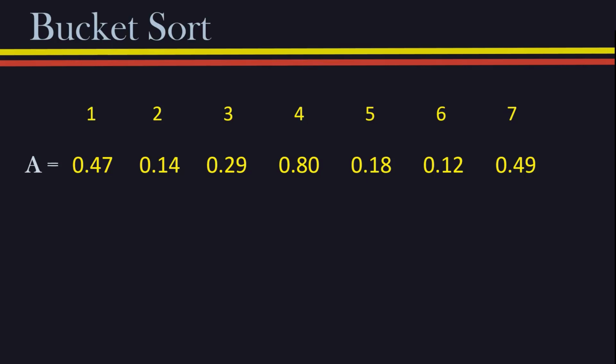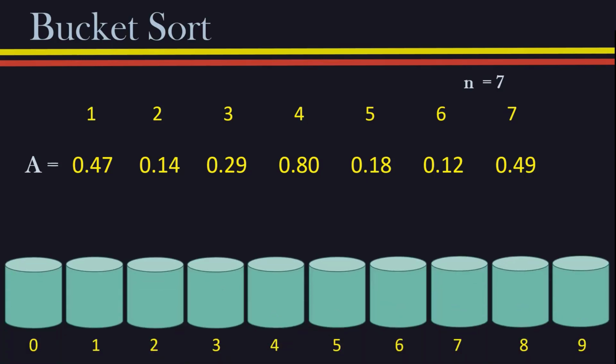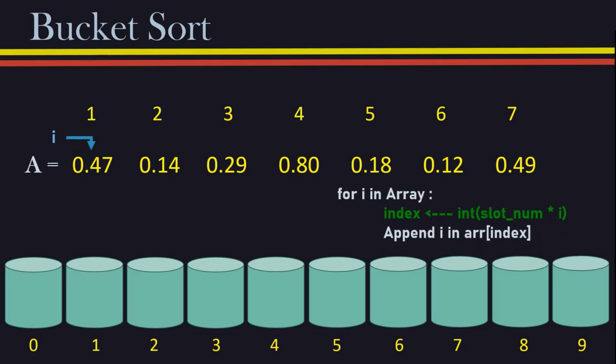As the array has 7 elements, the length of the array is also 7. Also, the buckets that we have taken are a 2D array or a list of lists. For each element I in the array, we determine the index of the buckets according to the MSD, or the most significant digit, of the floating point number.